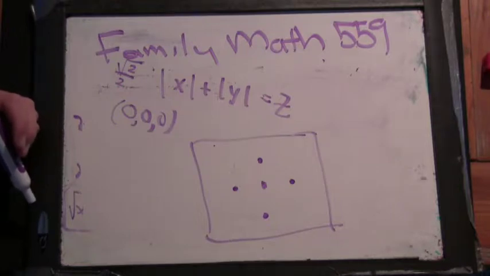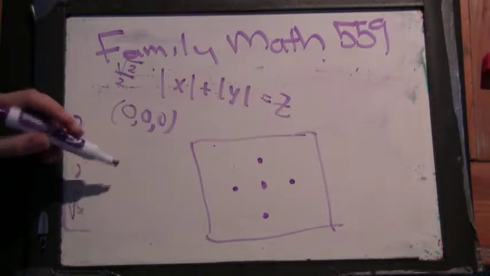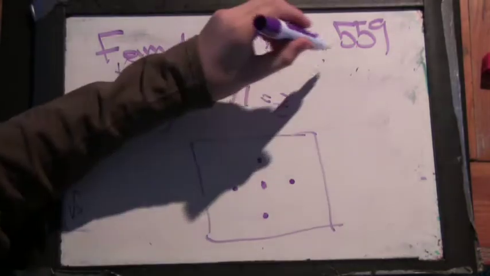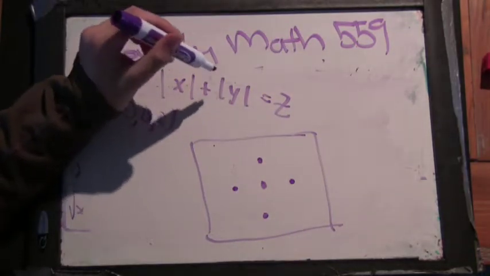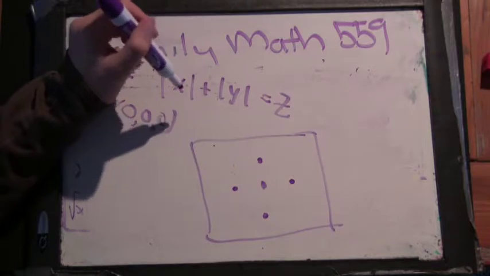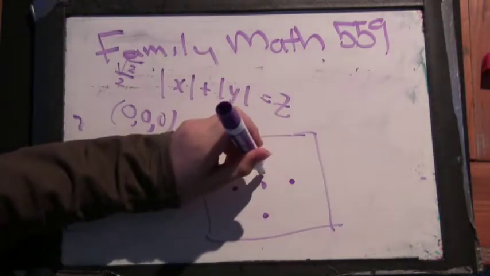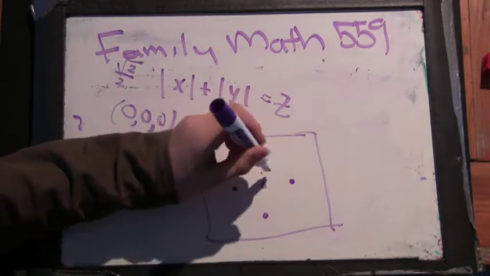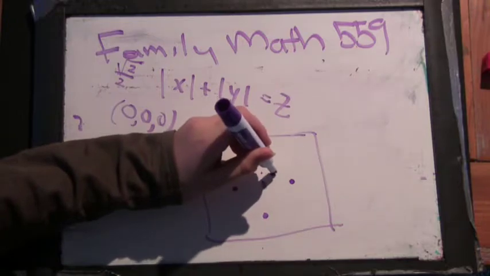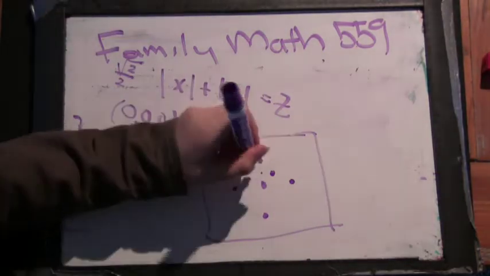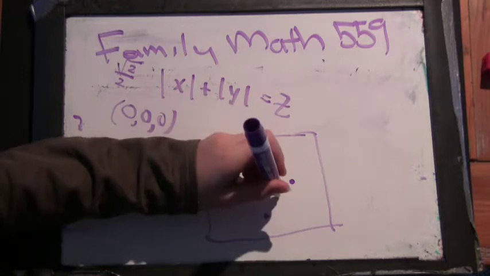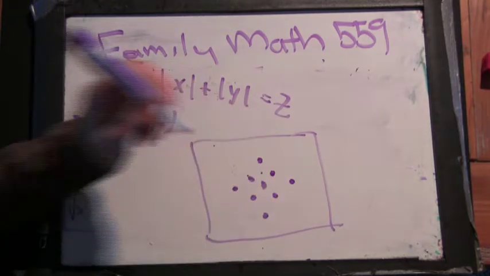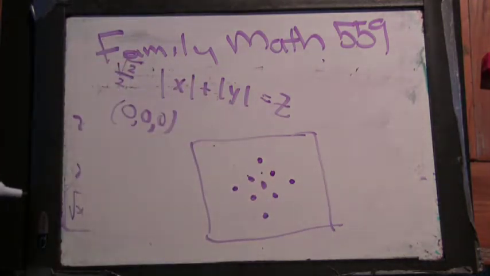Well, we could do x is a half, y is a half. Where's that going to be approximately? It's right there. And what other 4 points does that tell you are going to be part of this? Like that. But it's definitely not a circle.